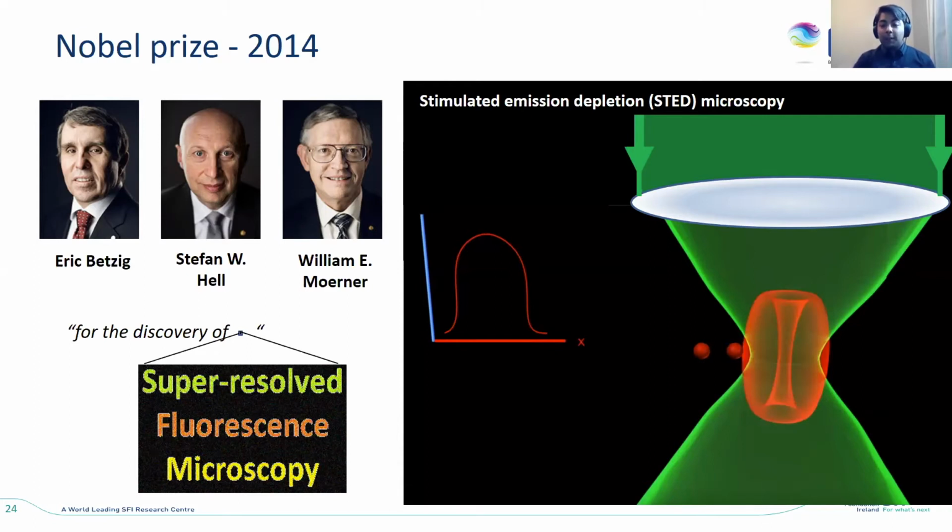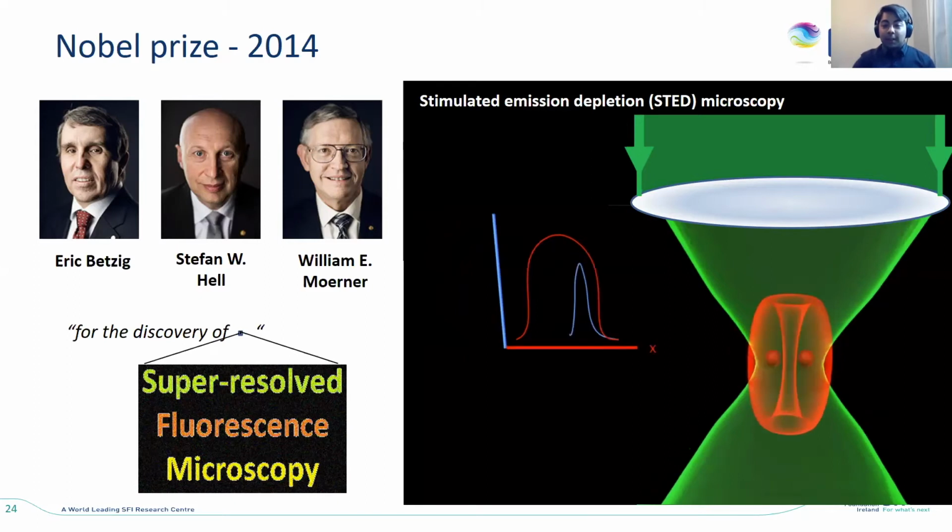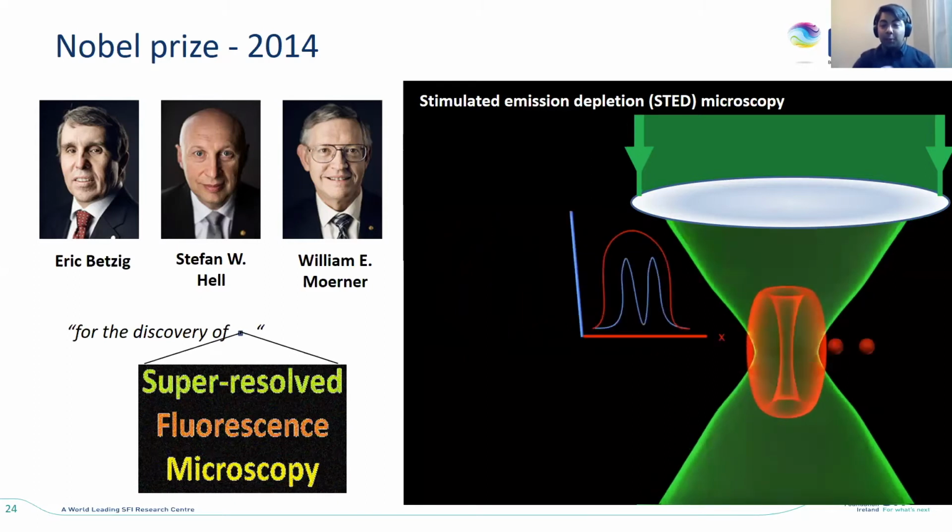So when each bead passes through the center of this donut, then you see a rise in intensity, and you are able to distinguish the two beads, distinguish the two points that are a wavelength separated from each other. So this is the way that they did one of the techniques of super resolution microscopy. And this is already widely used worldwide. It changed completely the way we do things.